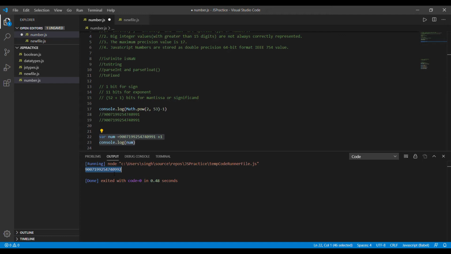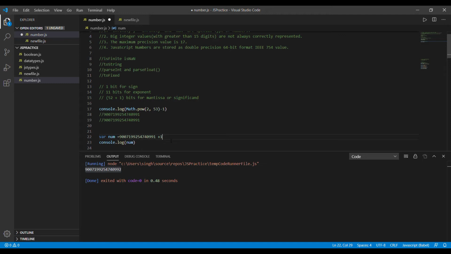When we use only this number, we know that all 53 bits are 1. But as soon as we add 1 to this number, a 54th bit will be required to represent that value. And as I mentioned earlier, the extra bit, the 54th bit that will be required, will always be 0.